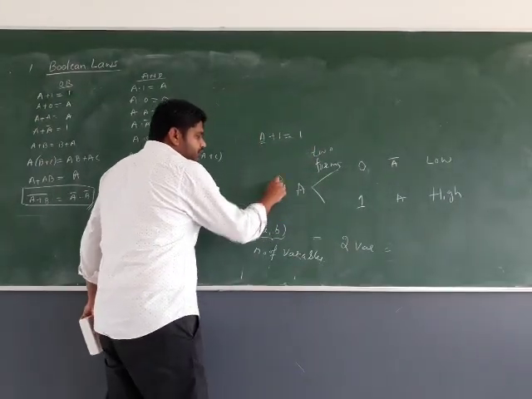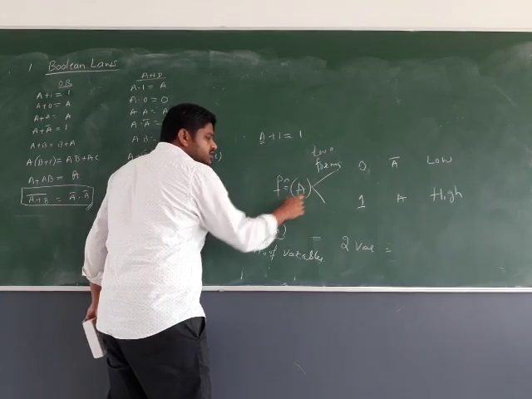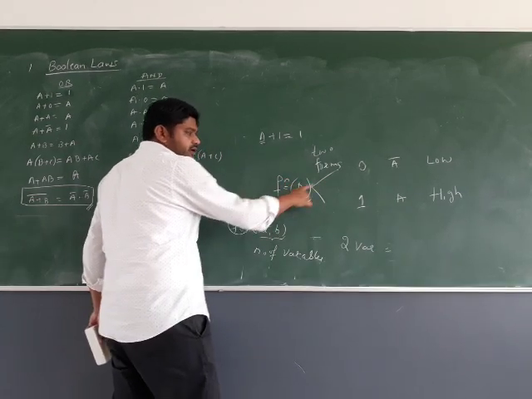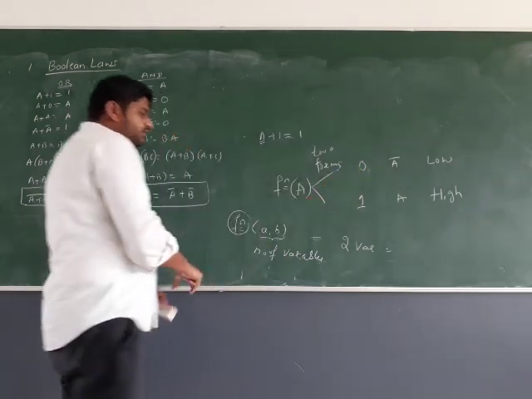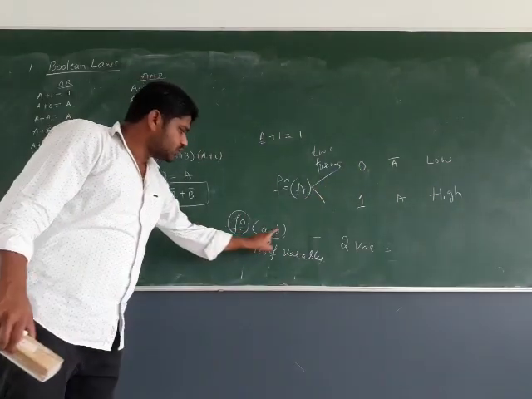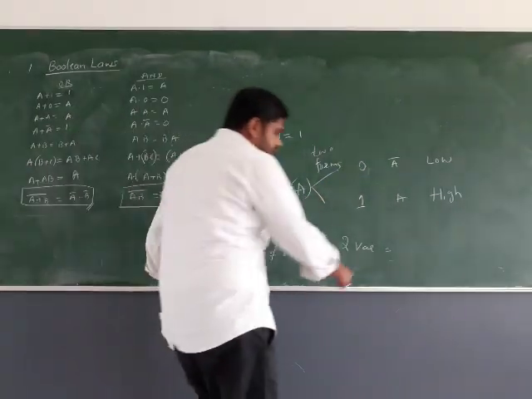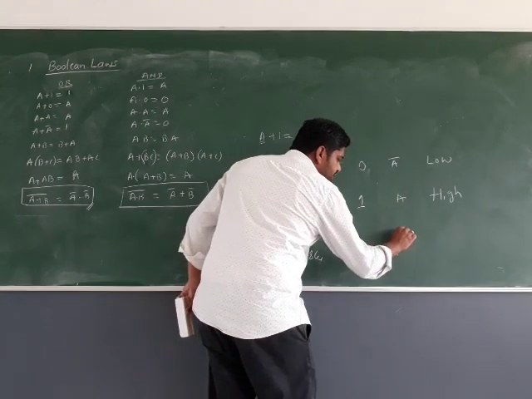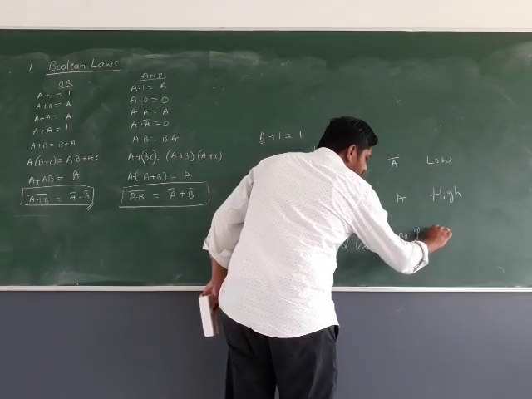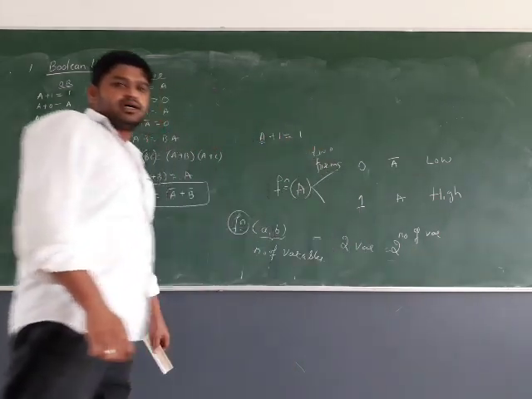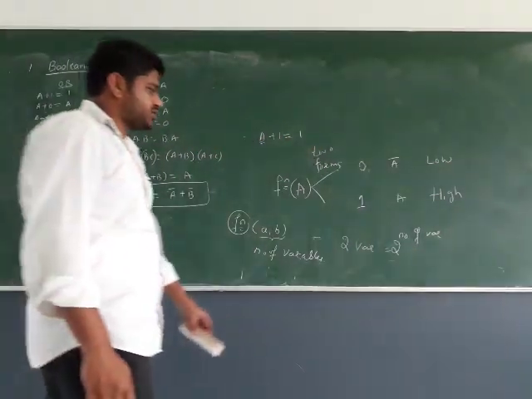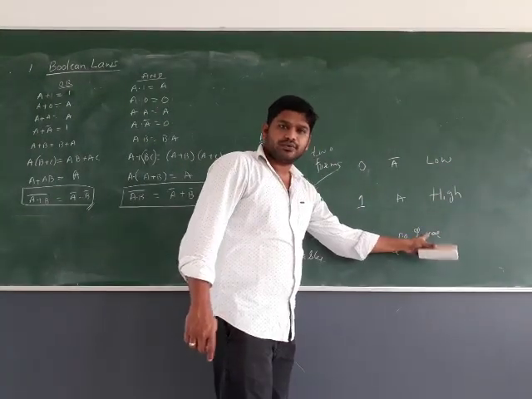Now if a function is controlled by a single variable, then it has two forms. If a function has two variables, then it will have 2 raised to the number of variables. In the other video we have discussed 2 raised to the number of variables.